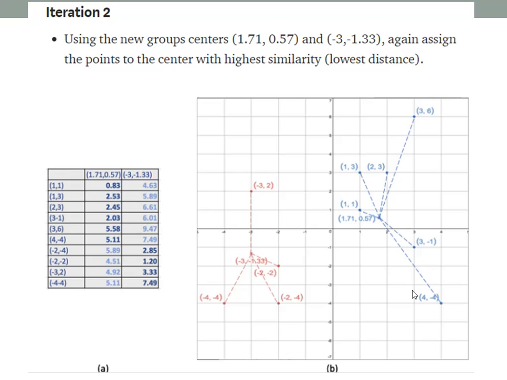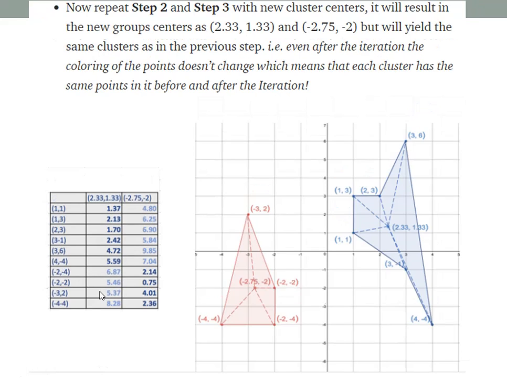You will see that in iteration number 2, we are using the new cluster centers and calculating the distance of each data point with the new cluster centers, and we are forming the same table having the distances for each data point and the cluster center.